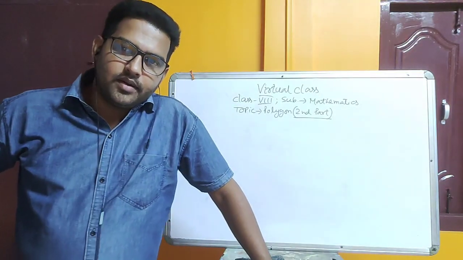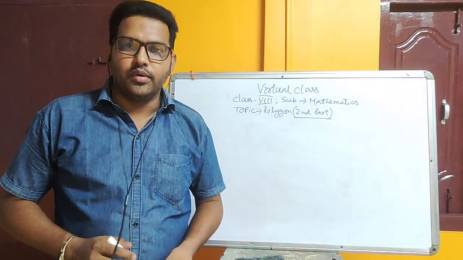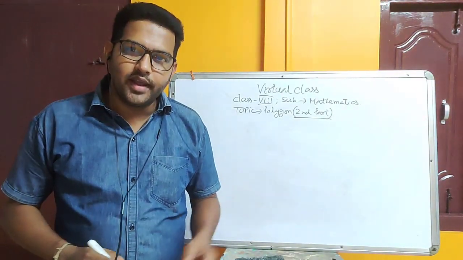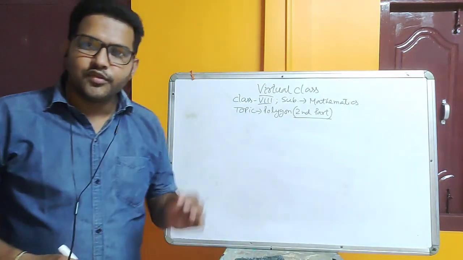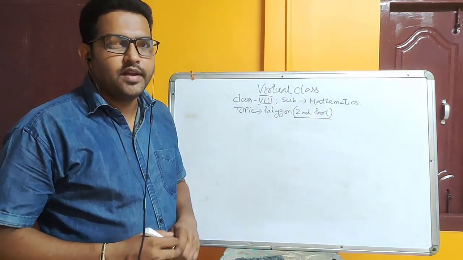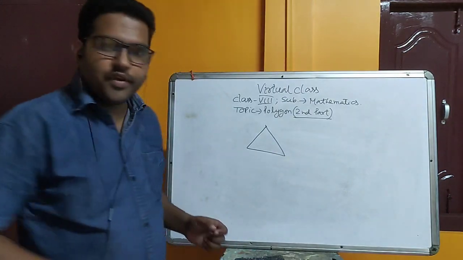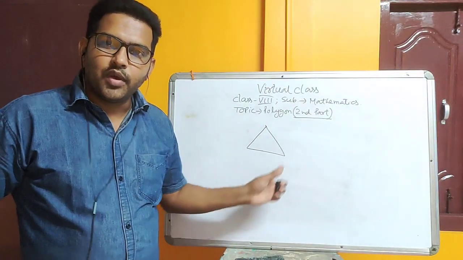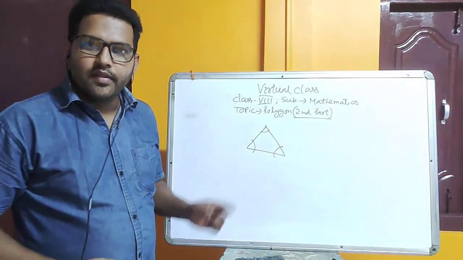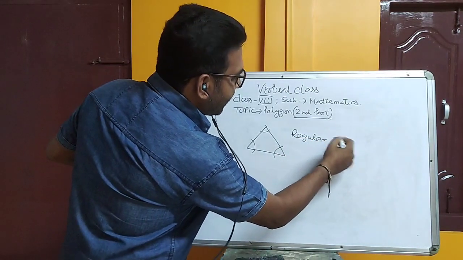In the second part, I am going to discuss a special kind of polygon in which all the sides are of equal length and all angles are of equal measure. So let me start from the smallest polygon that we have, which is a triangle. If I construct a triangle in which all the sides are of equal length and all angles are of equal measure, that is said to be a regular triangle.